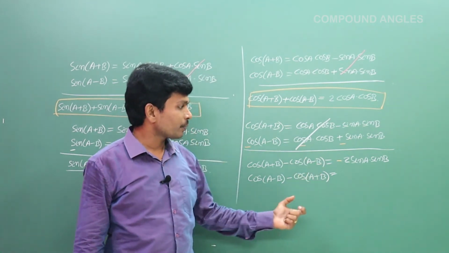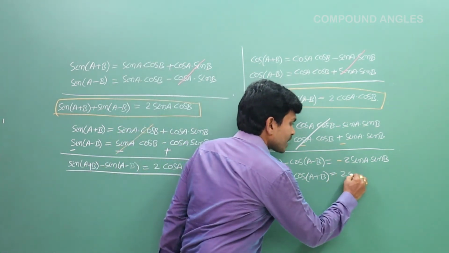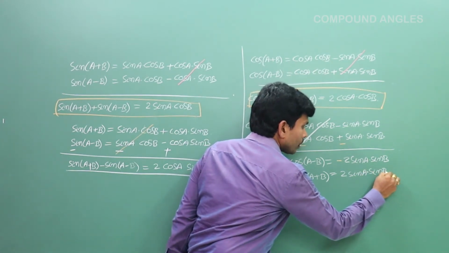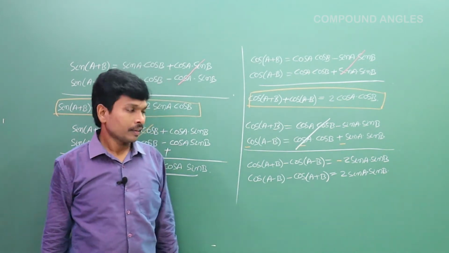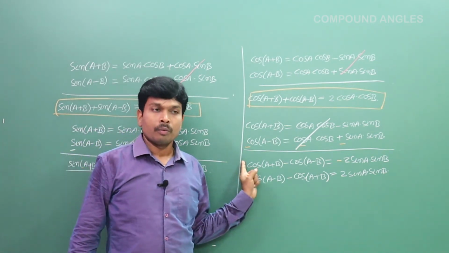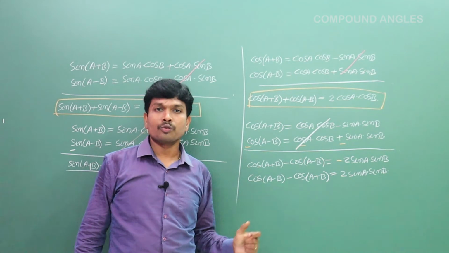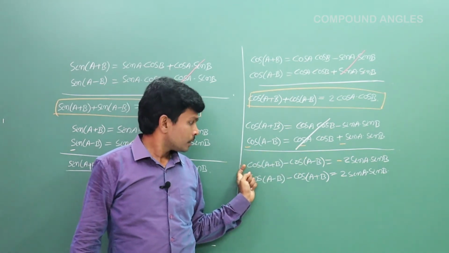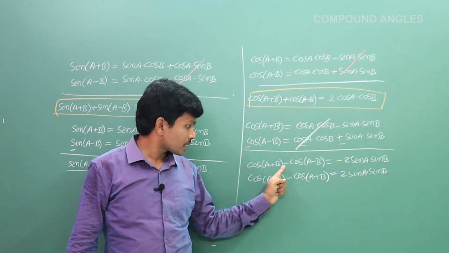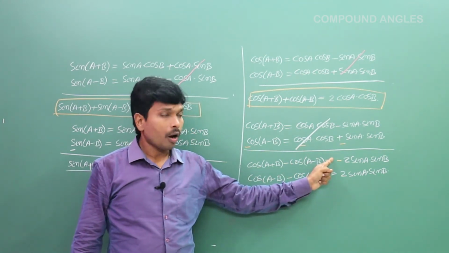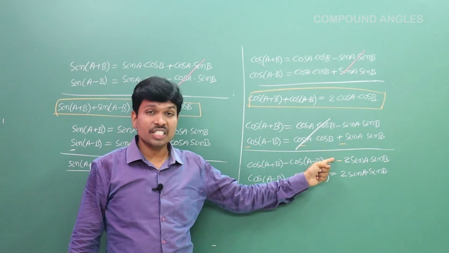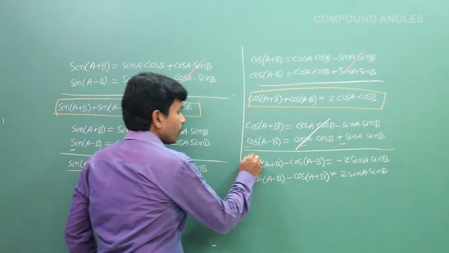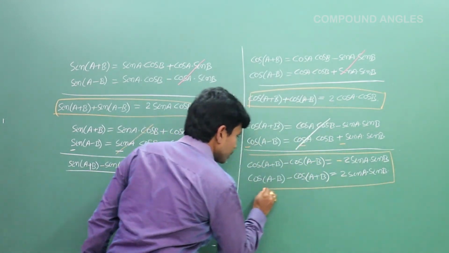What is the value? 2 sin A sin B. How did we get this? Just multiply both sides with minus. You multiply the entire value with minus. So minus cos A plus B plus cos A minus B. Here on the RHS side minus into minus, you will get plus. So these are the points we got.